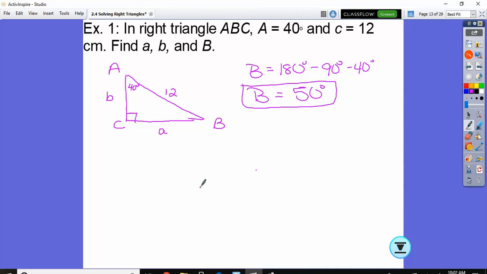Okay, to find my sides. If I want side A, you can use either acute angle. So if I just wanted to look from here, from angle A, side A is opposite, 12 is hypotenuse. What trig function?